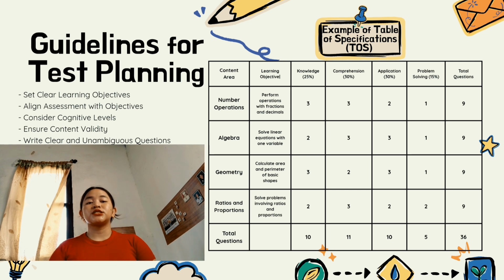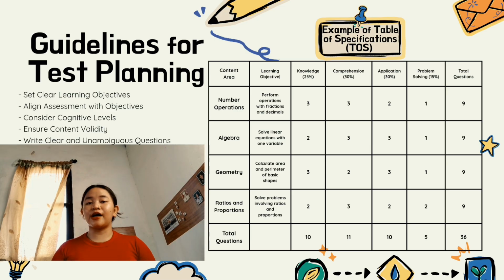So, like here, for example, the knowledge we have 3, same for comprehension, while the application we have 2, and also the problem solving is 1. It's considered as 9, right?